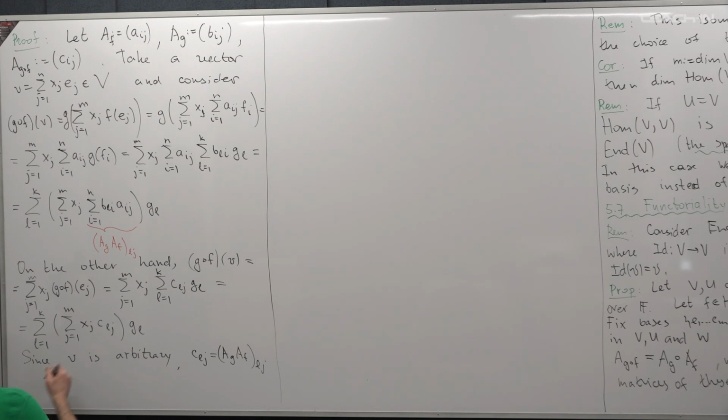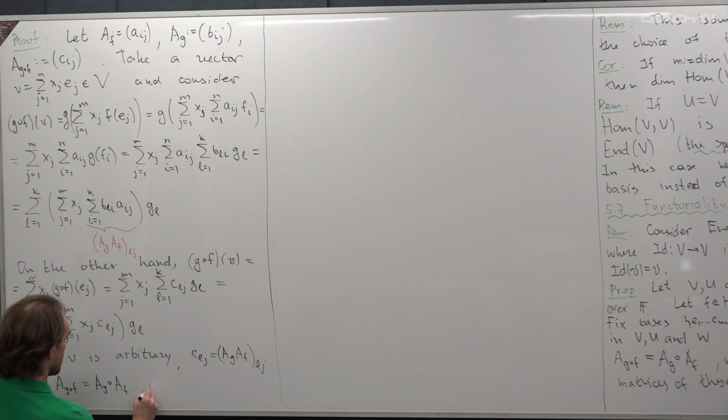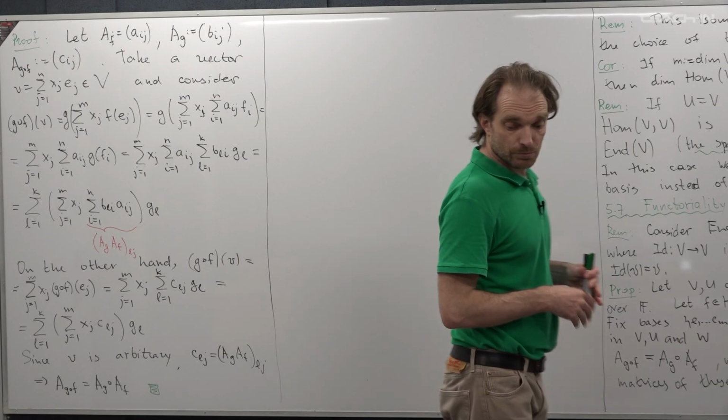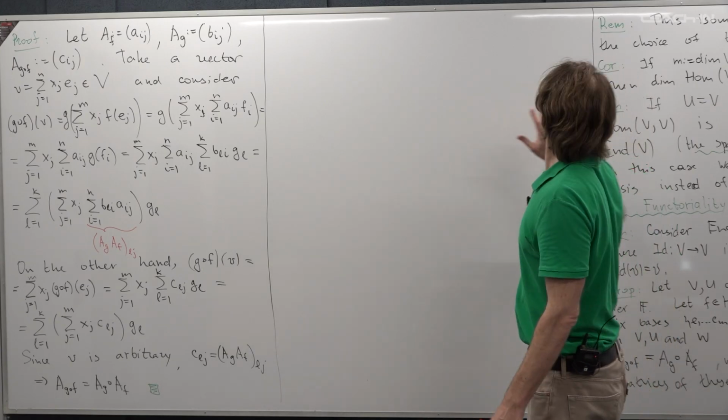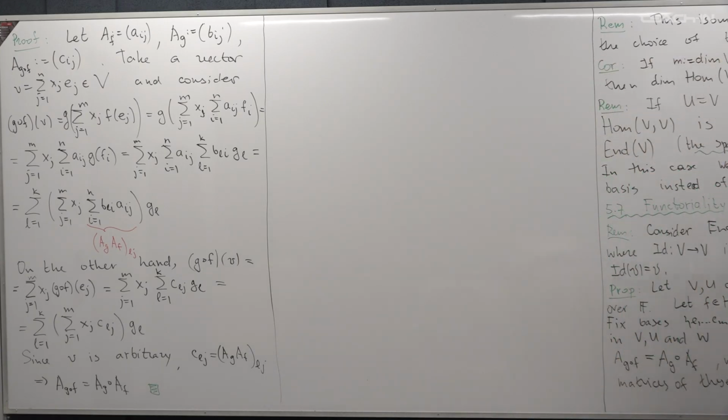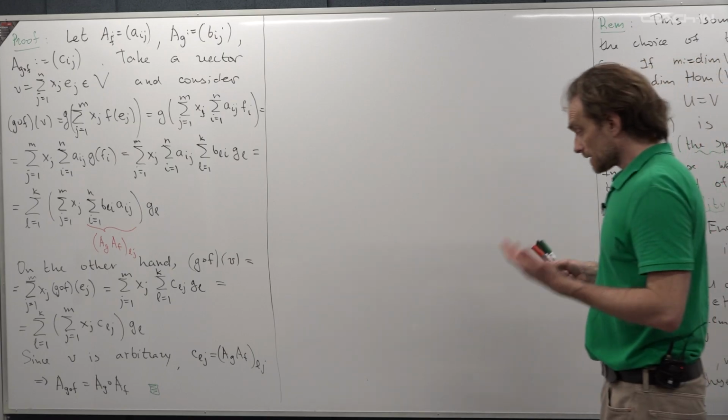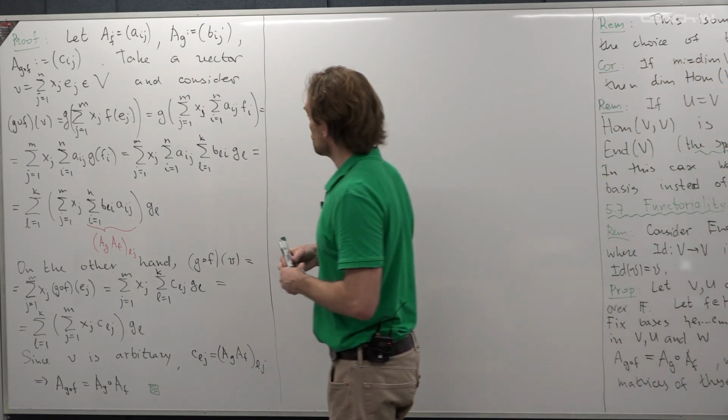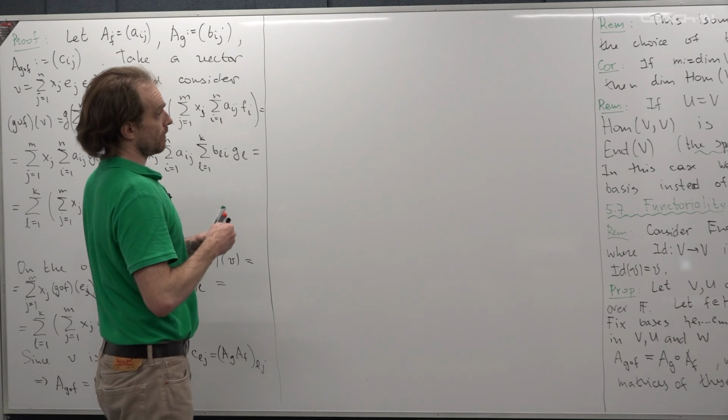So it follows that the matrix of the composition equals the product of these two matrices. This is exactly what we needed to prove. So here I will finish the part of the section that deals with linear mappings, and the next section would be about the dual space, or the space of linear functionals.